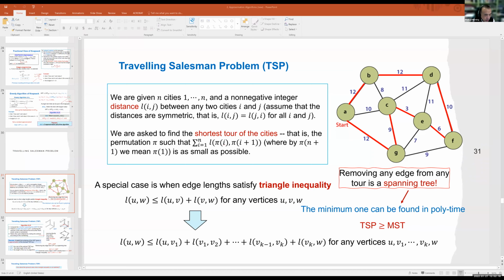Okay, so a student asks, the general worst approximation ratio is 2? Actually, let me share the screen. We had some discussion about the arbitrarily bad approximation ratio, so let me repeat that slide once more.